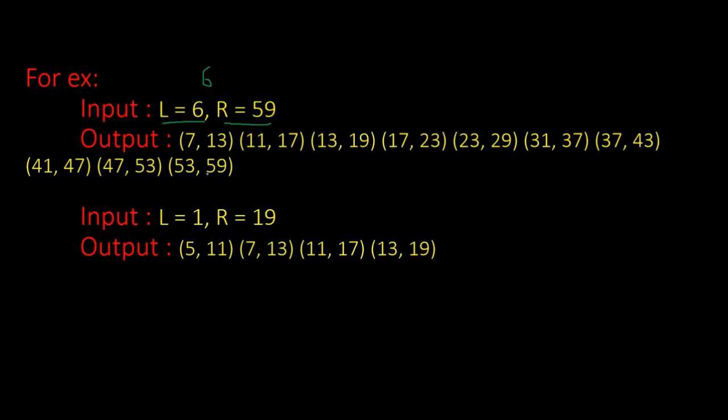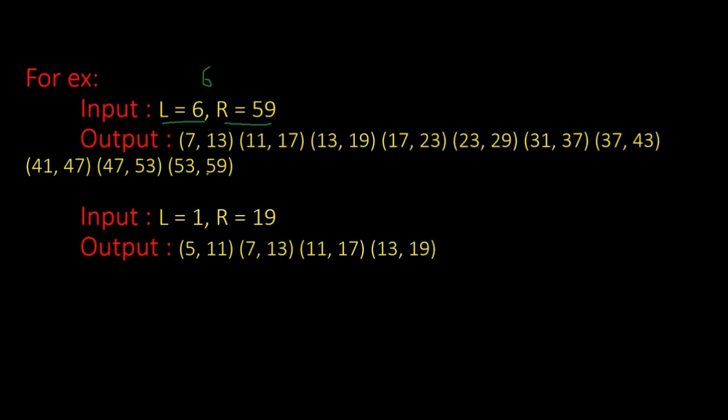So we have to write an algorithm or devise a program that can calculate all the sexy primes given two ranges, that is left and right. Some range is given. Okay, so that is what you have to do.